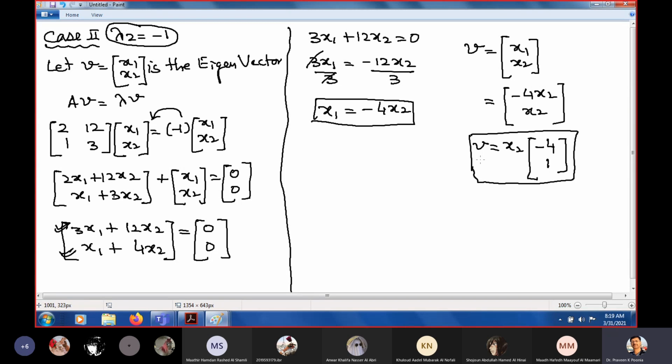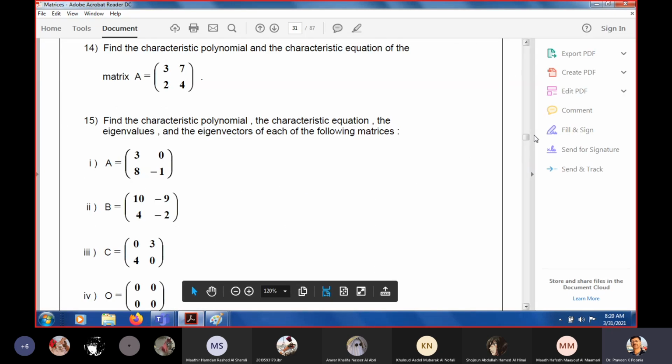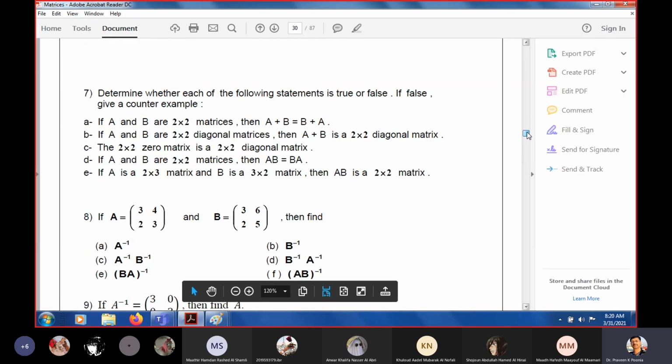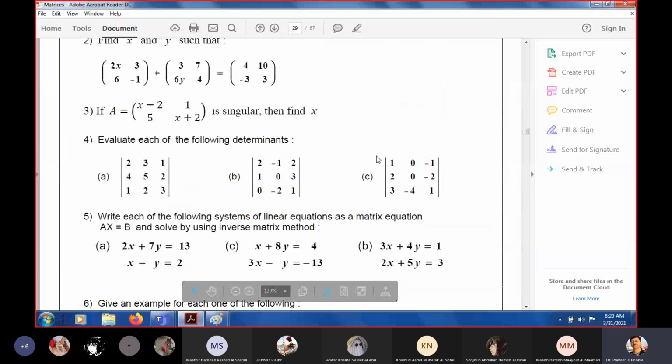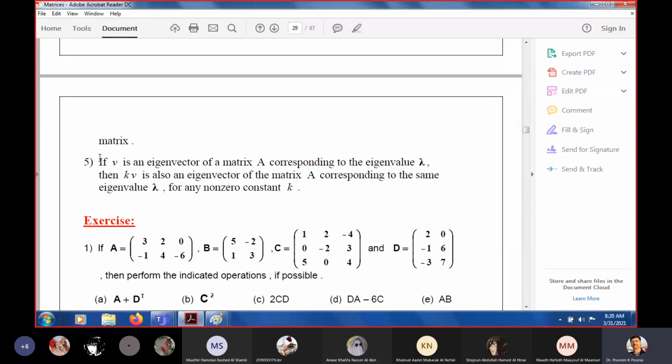This is the eigenvector corresponding to this eigenvalue. Now, a very important concept I am going to explain in this question. If you see in your course material, this is property number 5. If you read this course material, this is the last line written before the exercise. What is it?